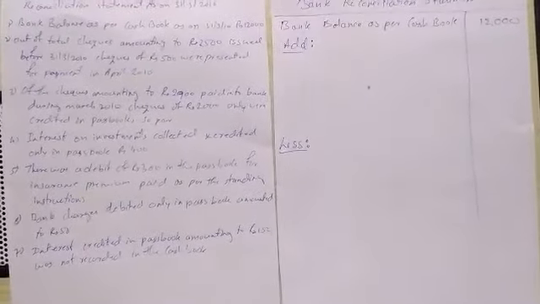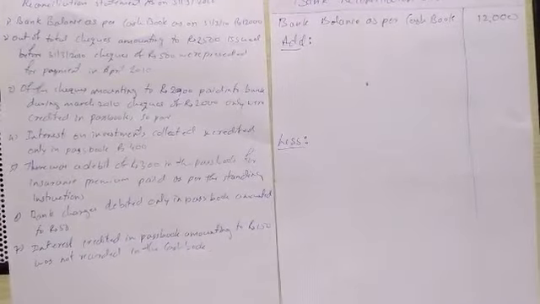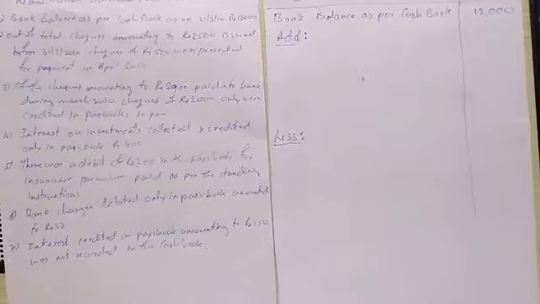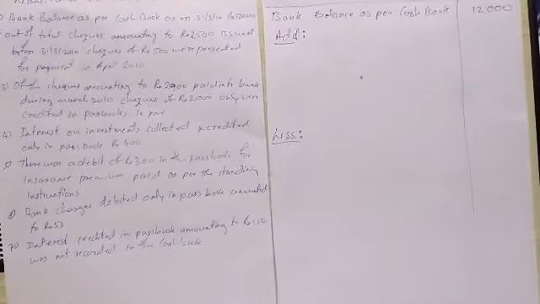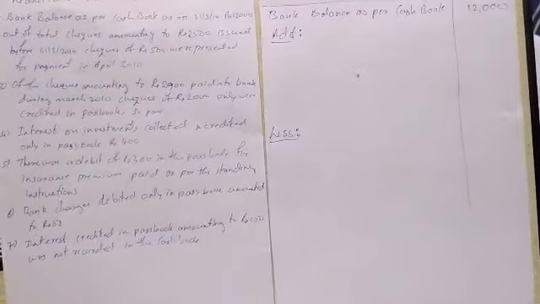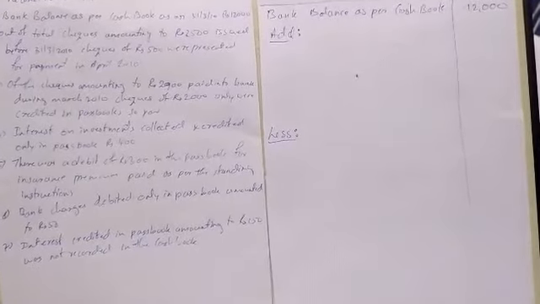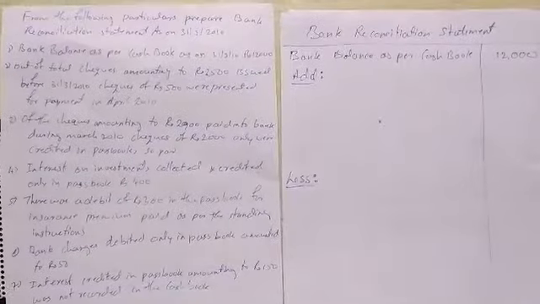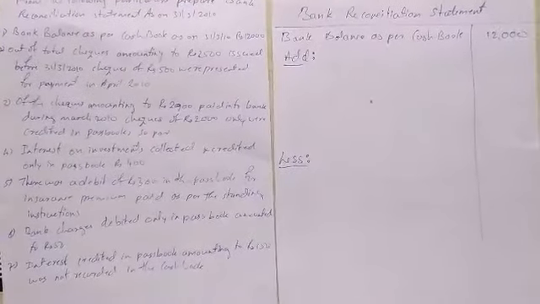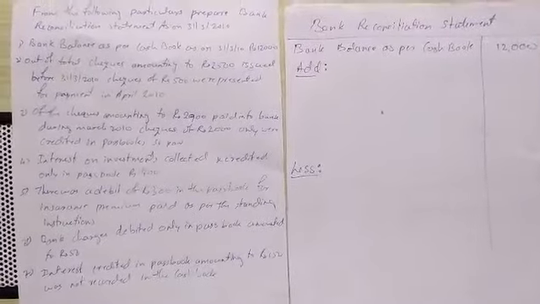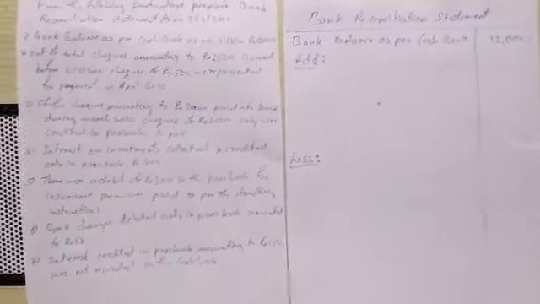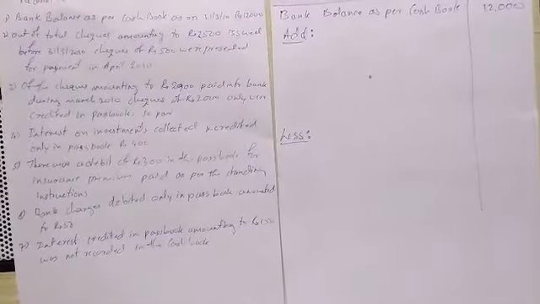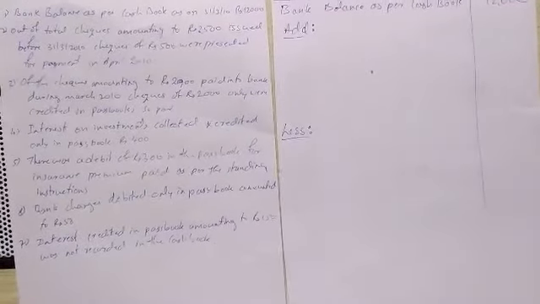In the problem, the bank balance as per the cash book may be given, or the bank balance as per the passbook may be given. When the balance as per the cash book is given, we need to find the balance as per the passbook, and when the balance as per the passbook is given, we need to find the balance as per the cash book.